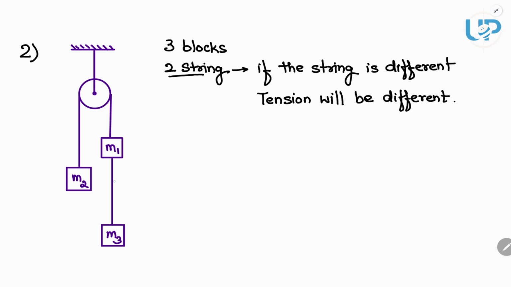Okay. So here there are two strings. In the first string, we can say the tension is T1. But in the second string, we have to write tension as T2.